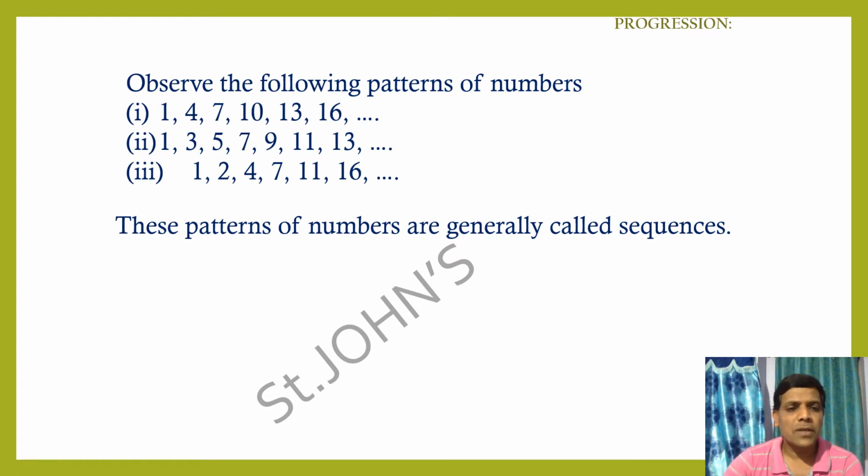Coming to the first pattern, 1, 4, 7, 10, 13 and 16. The difference between 1 and 4 is 3, 4 and 7, 3, 7 and 10, 3, 10 and 13, 3, and 13 and 16, 3.